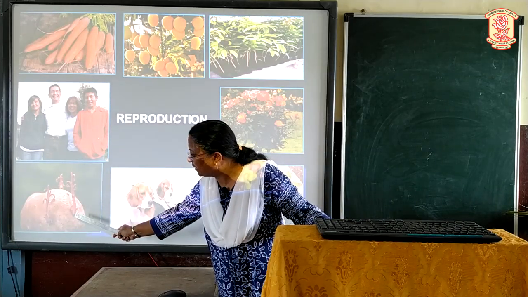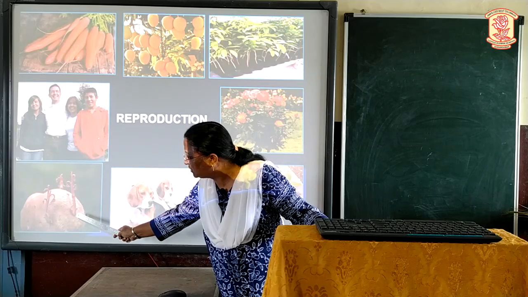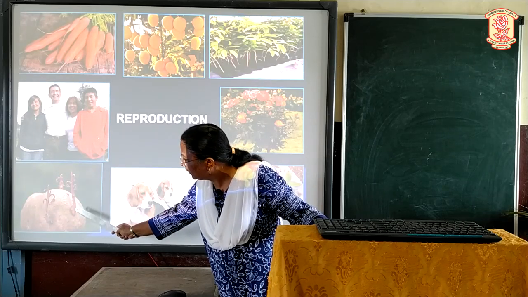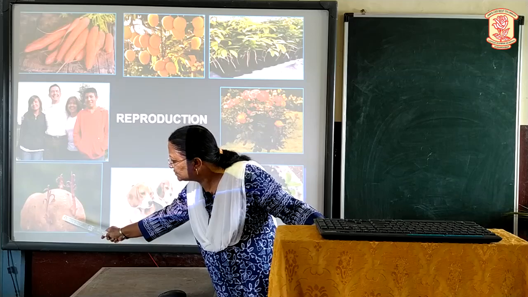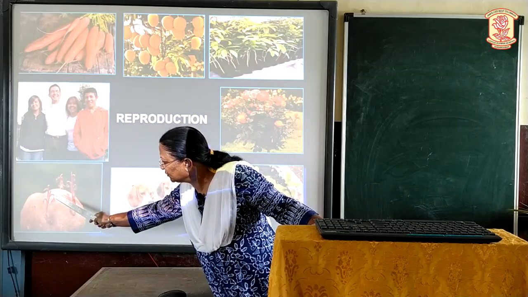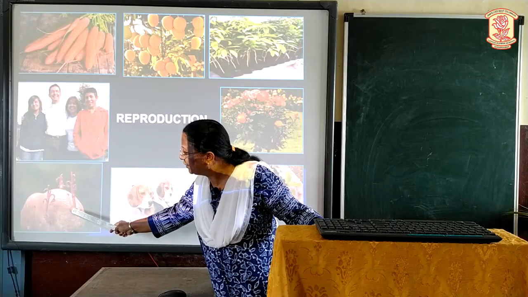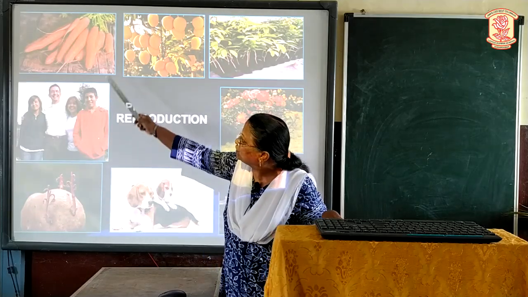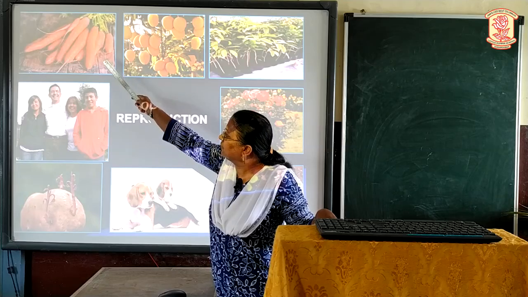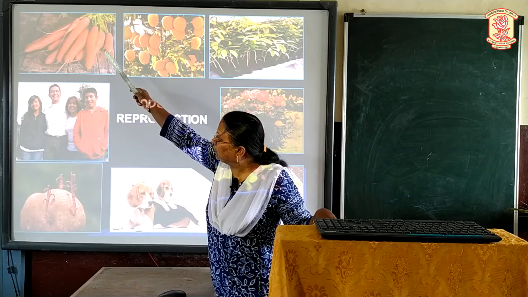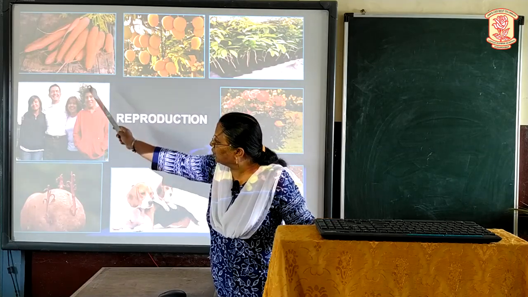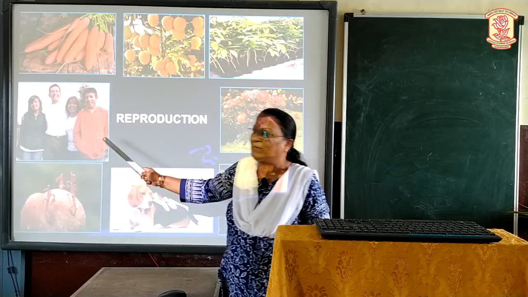Here you can see a potato in which small saplings are being produced from the eyes of that potato. That means this method is a vegetative type of reproduction. You can also see the carrots over here which are growing through the roots. Now, here is a picture of a family.